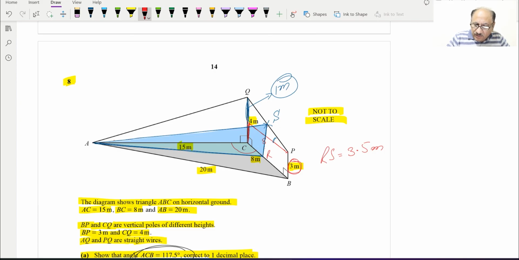So 1 meter is complete length, so this length is 1 meter, so this length will be half meter, so this height will be 3.5.